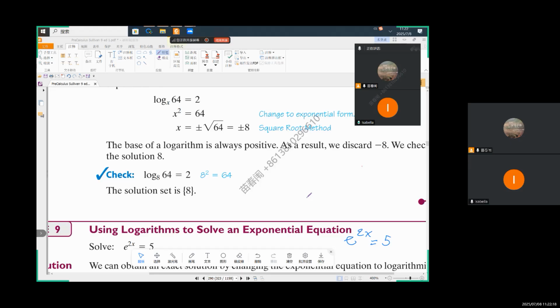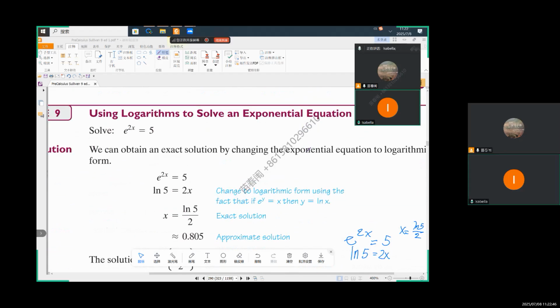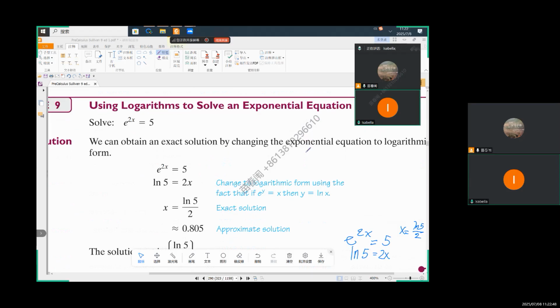Okay, and e is approximately 2... wait, no, ln. You can get ln 5 from the calculator, right? Then that'll be okay. That's approximately 1.6. Let's just estimate it, 0.8, sure.